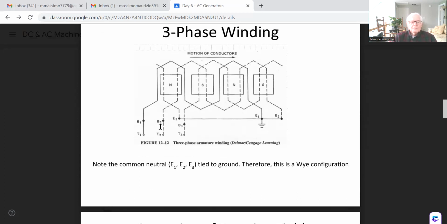Here in this case, we're getting three different voltage outputs, each tied to a ground.